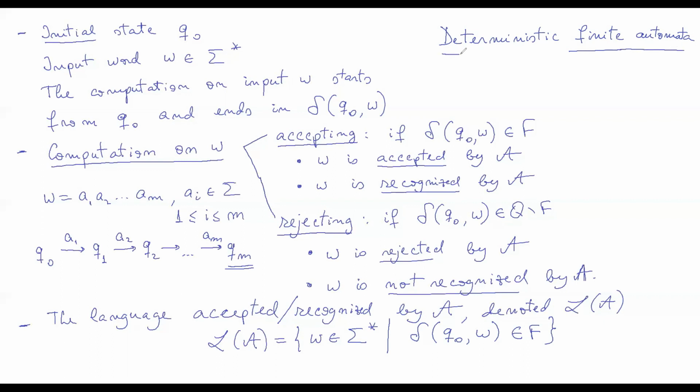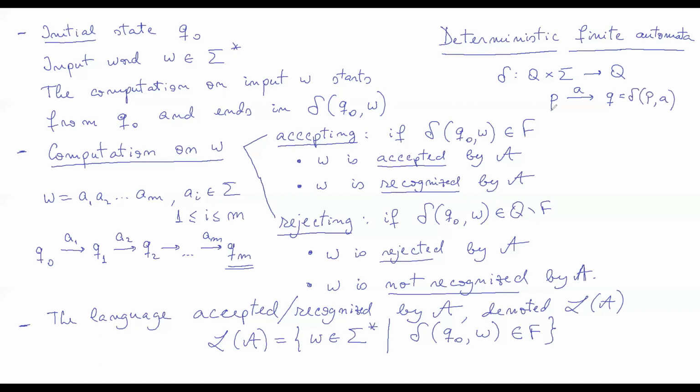But the word deterministic is really more subtle. It has to do with the fact that your whole computation is driven by a function, and this function, just because it's a function, means that when you are in a state P and you read from the input a certain letter A, there is only one possible transition, and that's exactly the transition specified by your function delta.